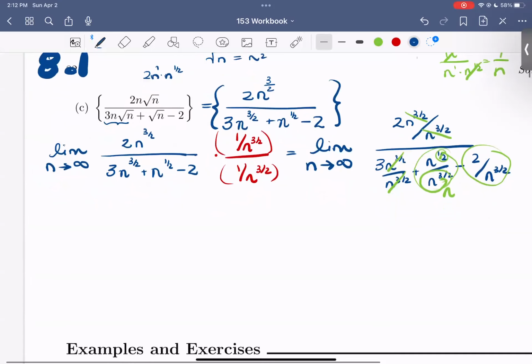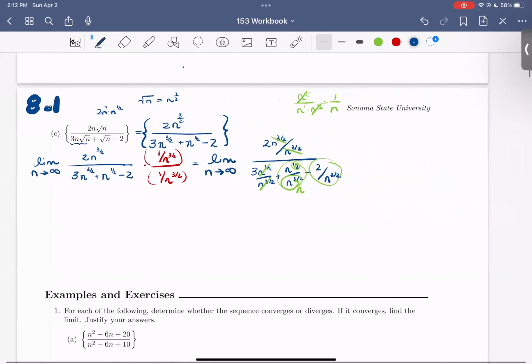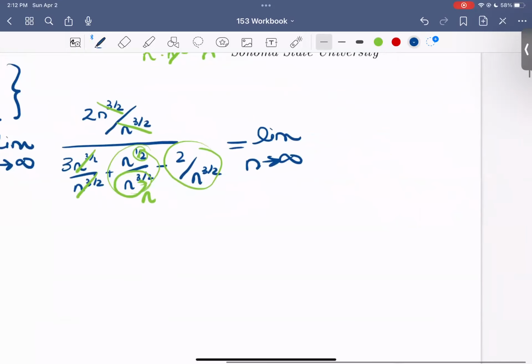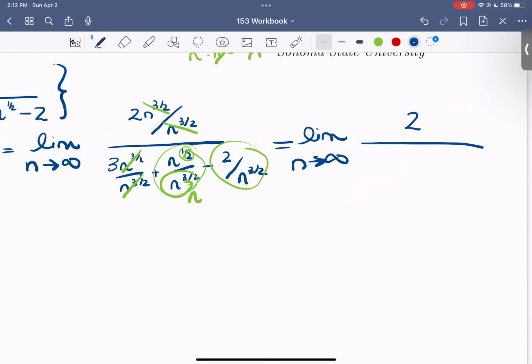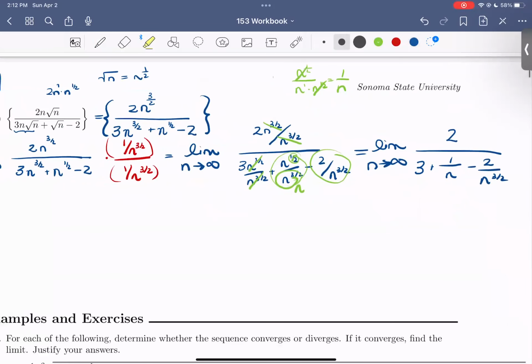So the numerator just becomes a nice 2. The denominator becomes 3 plus 1 over n minus 2 over n to the 3/2. Again, we canceled out that leading term by multiplying numerator and denominator by 1 over that leading term.